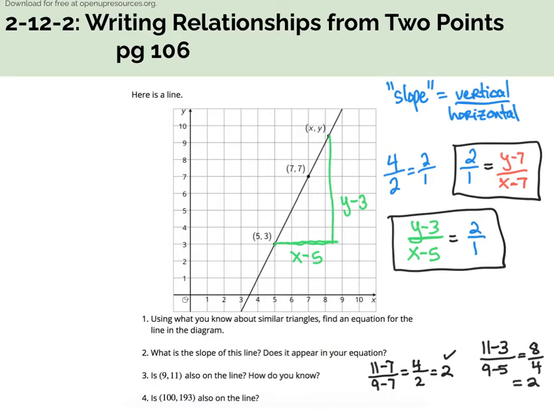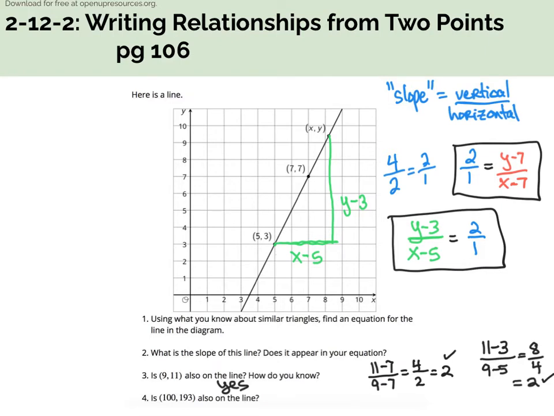So 2 is our slope, and our answer is yes. Notice how either equation works. We used this one and this one, and both of them showed that that point is actually on that line.